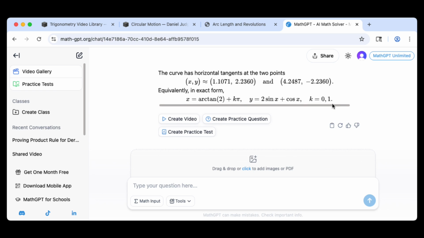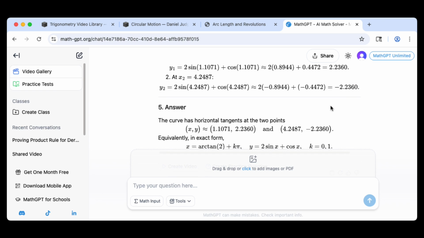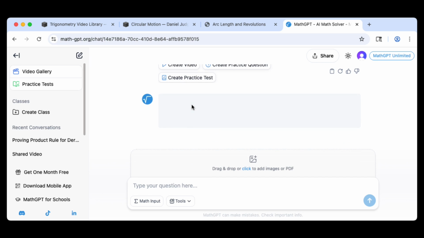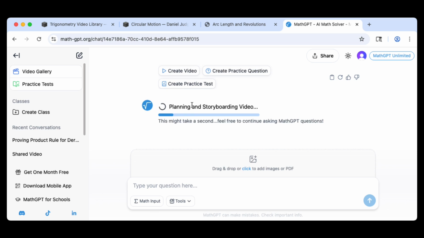Now, let's say you read this and you still say, I don't even know what they're talking about. Well, you can create a video for yourself, and it'll narrate and create a video so that you can watch about really how to get the derivative and solve a trig equation.